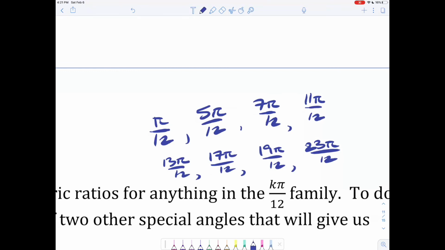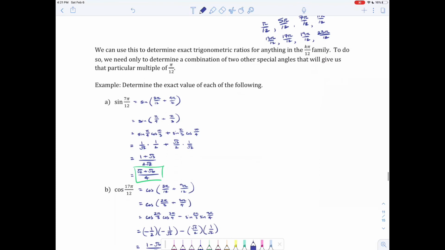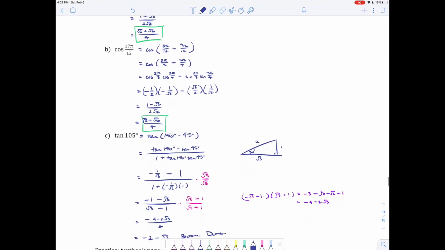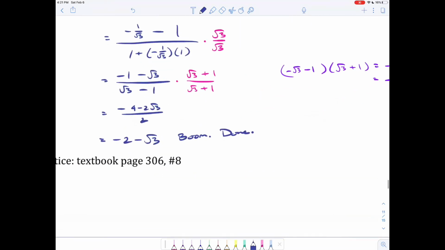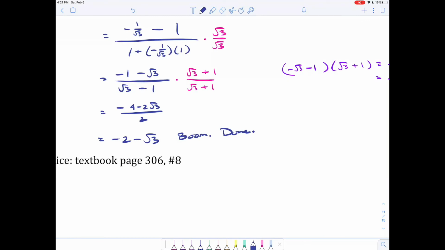So really there's only 48 distinct questions that could be asked. And maybe they could be asked in radians or degrees. But they all kind of work the same way. So practice them, give them a go, kind of get a feel for breaking a multiple of pi over 12 angle into other angles that we can work with.